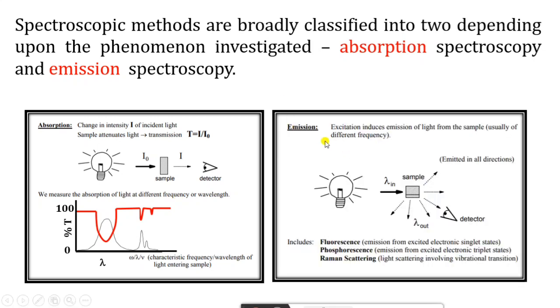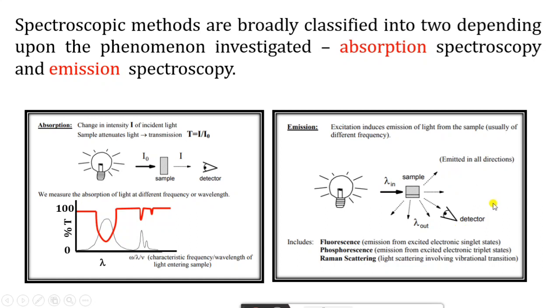In emission spectroscopy, the detector will measure the amount of radiation emitted by the molecule. So when radiation is incident on a molecule, the molecule will absorb the radiation, but the detector is not interested in that radiation.